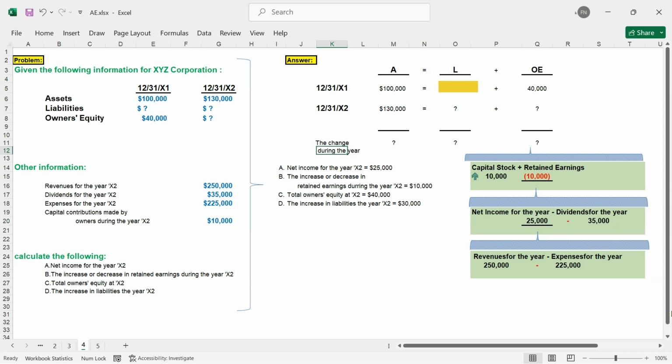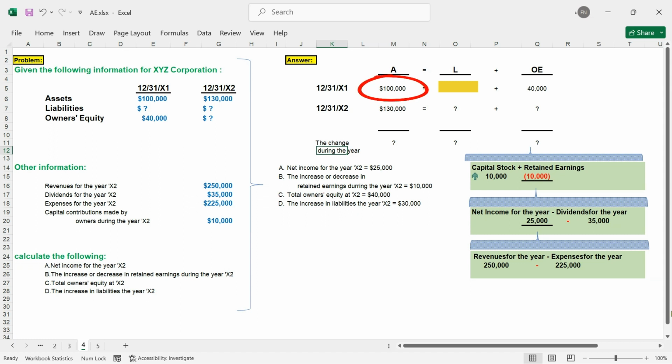Okay, now let's look at the solution to this problem. One way to approach this problem would be first to simply recreate the diagram by showing the amount of assets, liabilities, and owner's equity at the beginning of the year, and then trying to fill in the blanks for the information that's known. They did tell us that the total assets at 12/31/X1 amounted to $100,000.